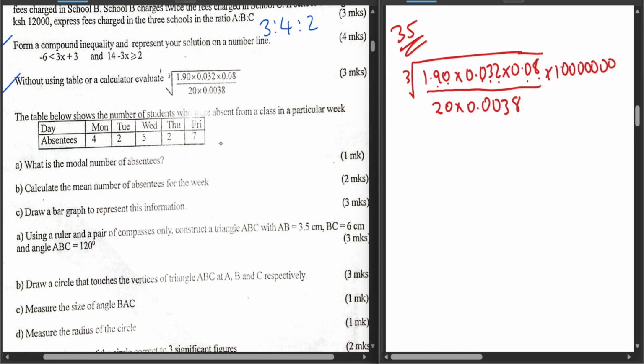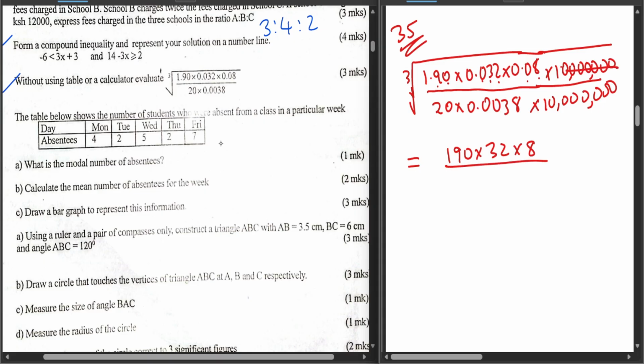Yes, 10 million. So now if you do that, obviously also you multiply by 10 million here. Let's see how much it is going to give us. The above one is going to be 190 times 32 times 8, because you remove all of it.